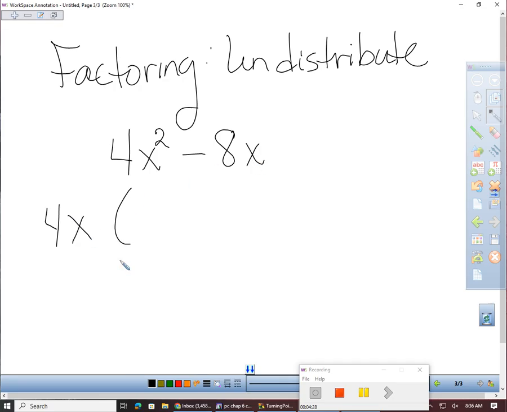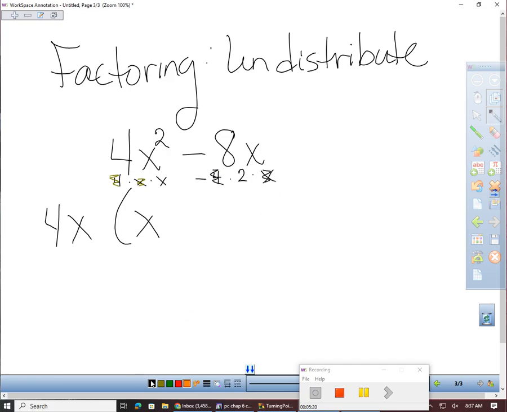So now, if I'm taking those out, this one is a 4 times x, right? If I'm taking out a 4 and an x, what am I left with? Just x. Good. Here, this is minus 4 times 2 times x. And here I'm taking out a 4 and an x.